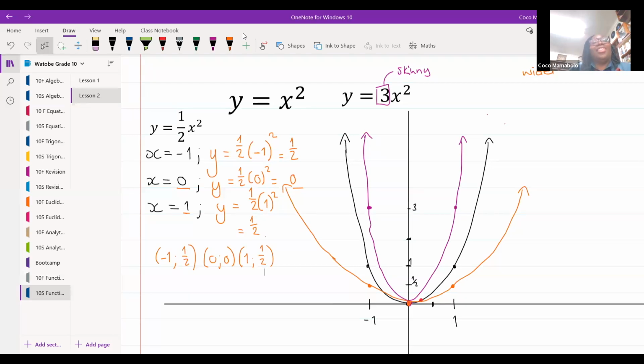Okay, excellent. I'm so glad you understand. So this is what these kinds of graphs look like. Let's mix it up a little bit. We're learning a couple of things here, guys.